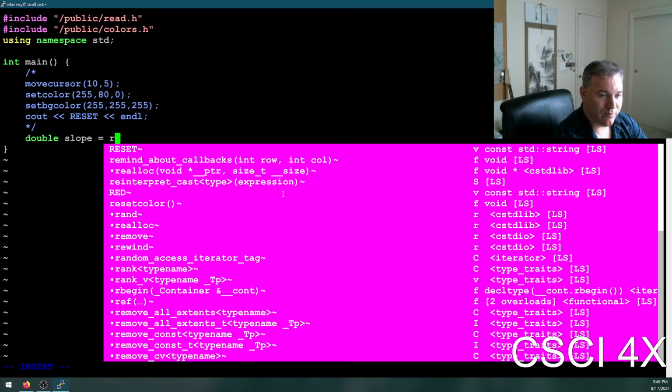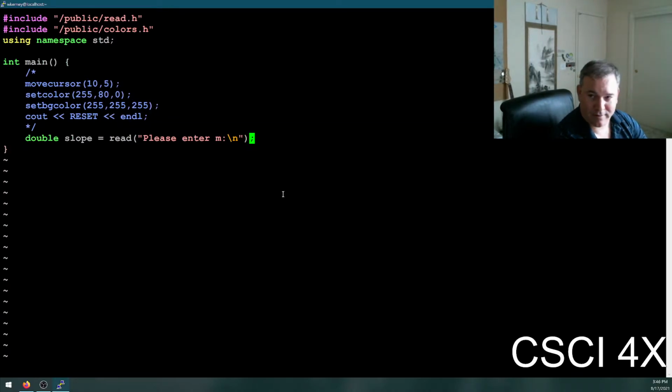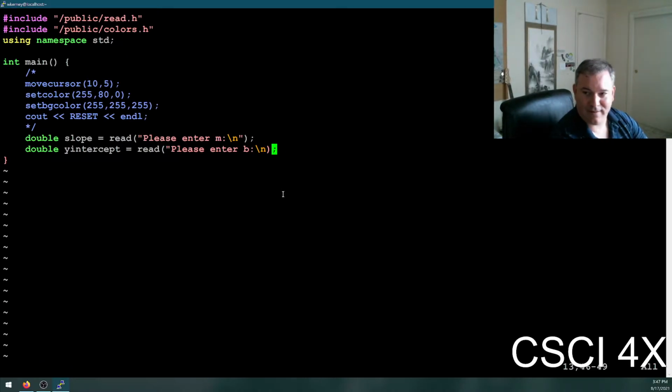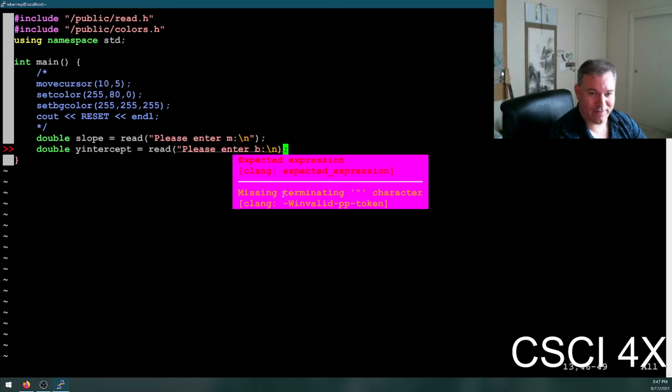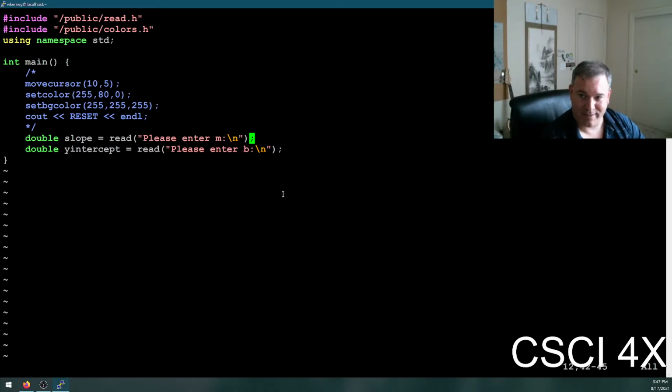Double slope equals read, please enter m. Does anyone know why m is slope? I'm actually curious about that. Somebody look that up. Double b, y-intercept. Why is b the y-intercept? Why is it not i? I don't know. That's the worst thing about math, in my opinion. If you can get through the terminology, it's not really that bad.